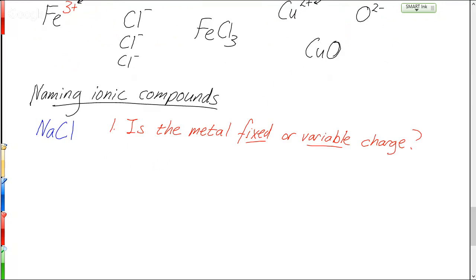So is there only one possible charge for this metal ion, or is this one of the metal ions that could take multiple possible charges? So what's the answer for sodium or for NaCl here? Is that a fixed charge or a variable charge? In other words, does sodium only ever have one kind of charge, or can it have different values for its charge?